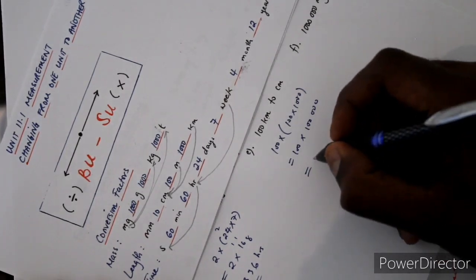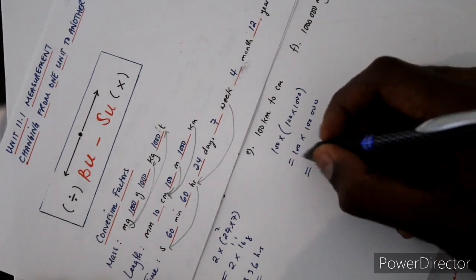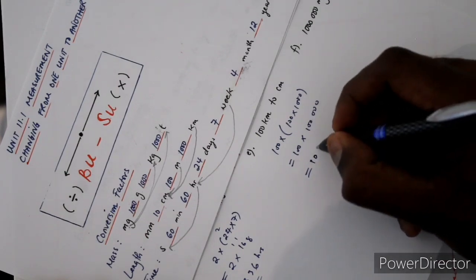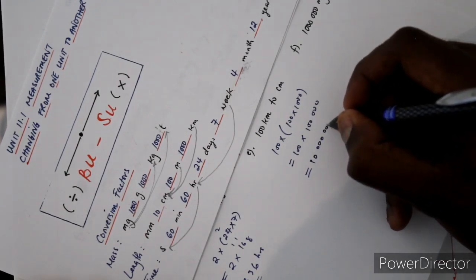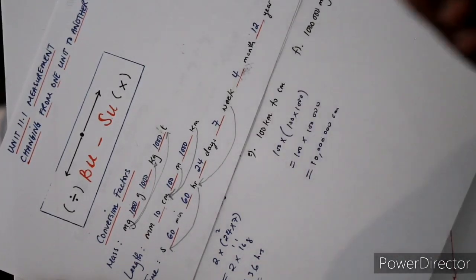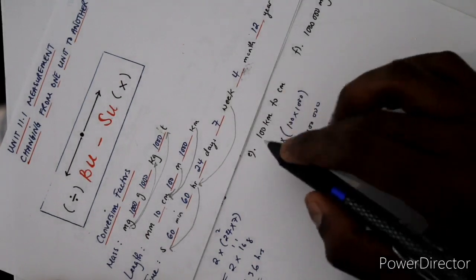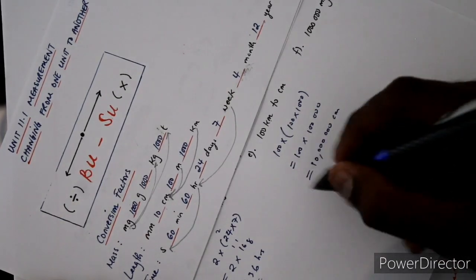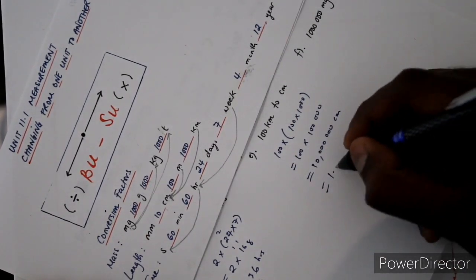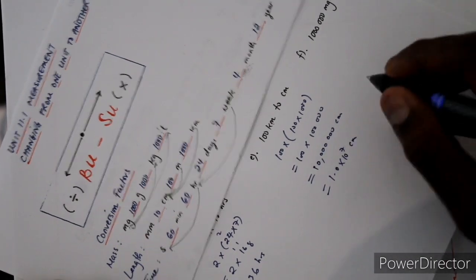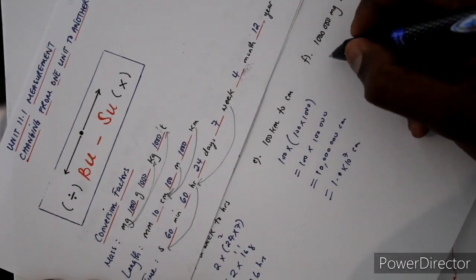You should have 1 plus 7 zeros, 1 2 3 4 5 6 7, so it's 10 million centimeters, and it will make sense. 100 kilometers is a long distance, so when you convert it down to centimeters, it will give you a very big number. You can convert this to scientific notation: 1.0 times 10 to the power of 7 centimeters.